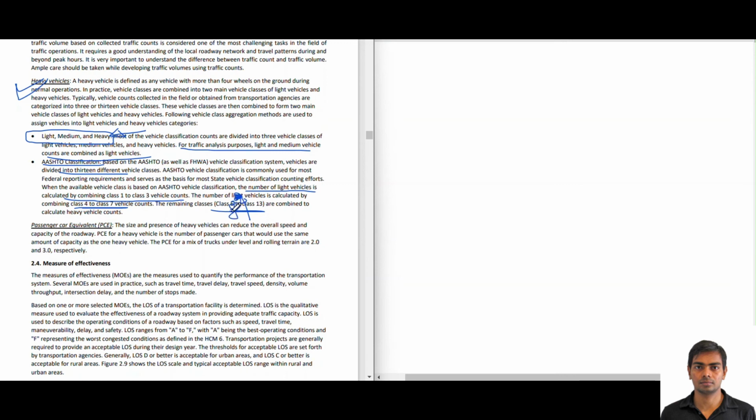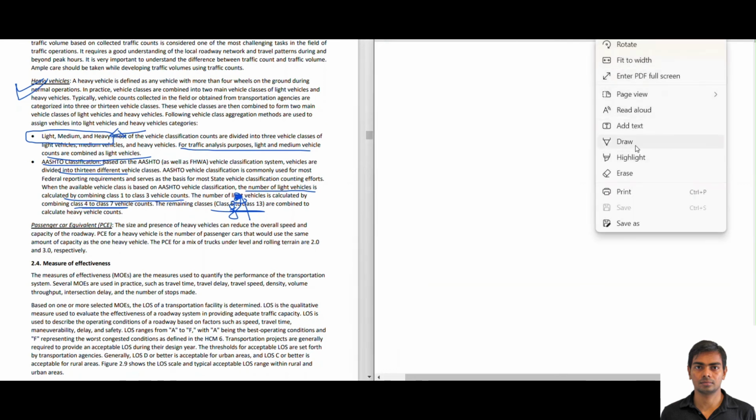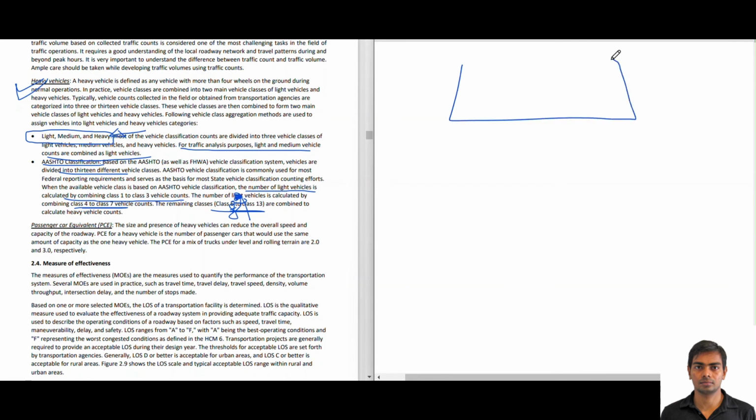The way the Highway Capacity Manual defines heavy vehicles is, if at a given point the number of tires touching the ground is greater than 4, then that's defined as a heavy vehicle.